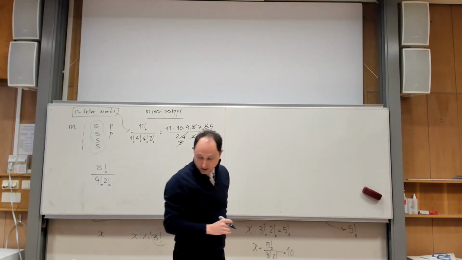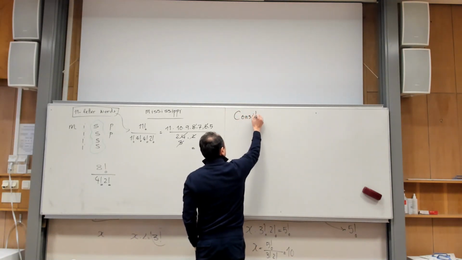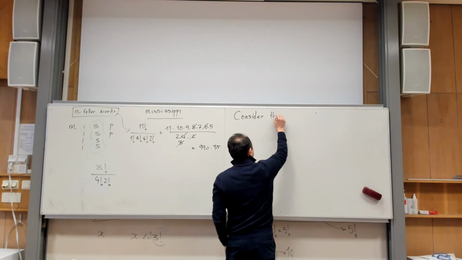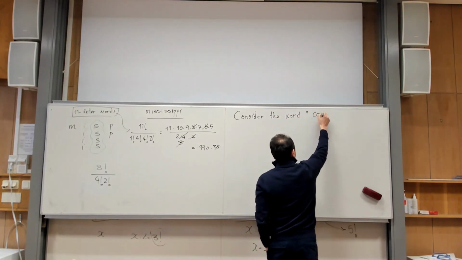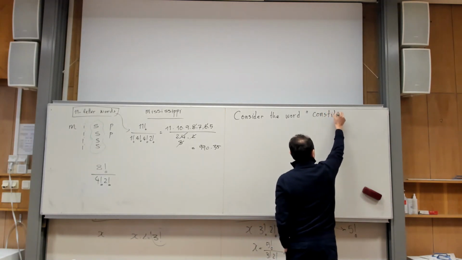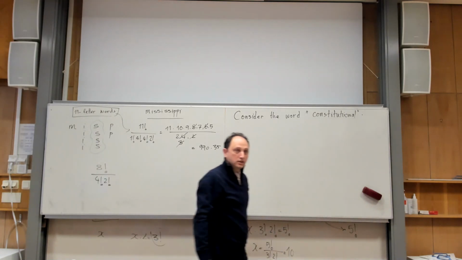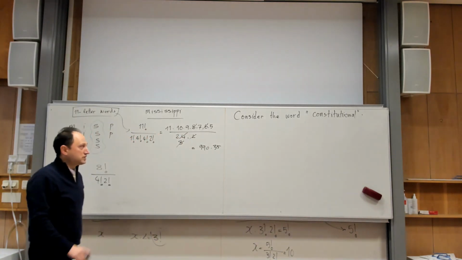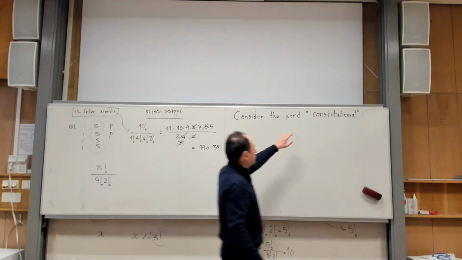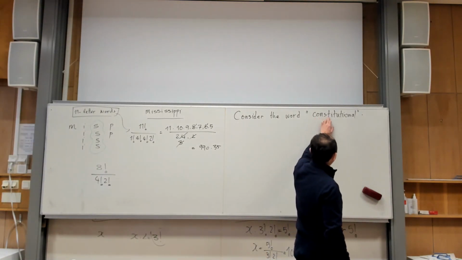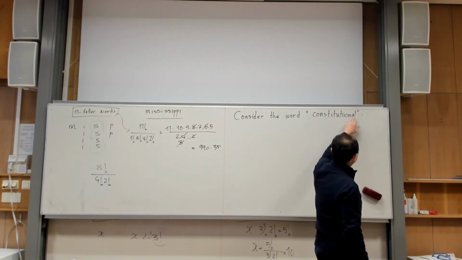If I ask you how many letters, this is simple. How many letters? 1, 2, 3, 4, 5, 6, 7, 8, 9, 10, 11, 12, 13, 14. Yeah, that's correct.